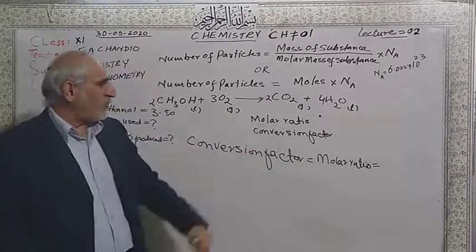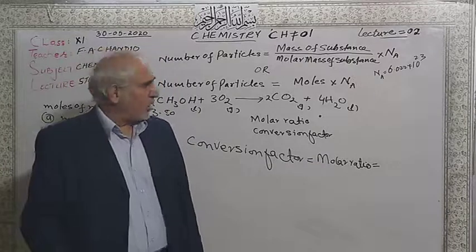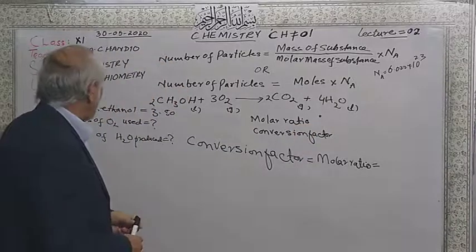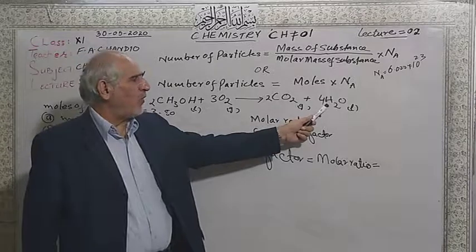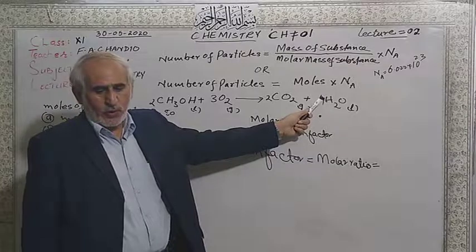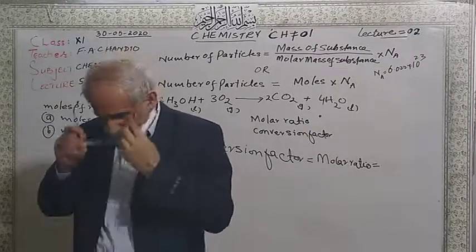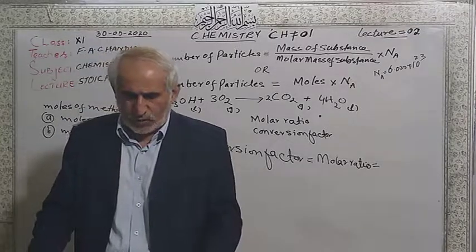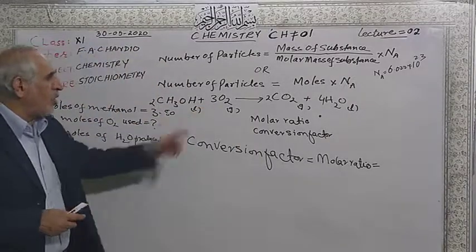So for the conversion factor, when I am going to calculate the molar ratio, dear students, mind it that you have to take from the balanced chemical equation the number of moles: 4 moles of water, 3 moles of oxygen.